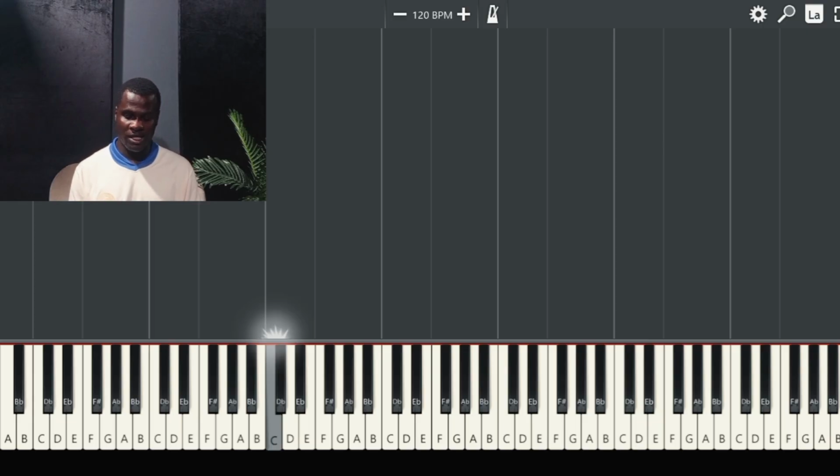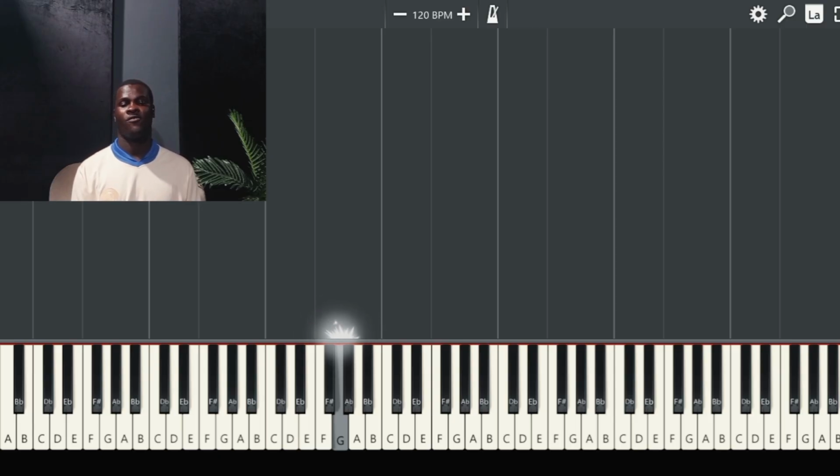So if this is C, ascending, which is going to the right, will be what? The letter D. While if this is C, descending, going to the left, which will be the what? Key of B. You descend further, will be the key of what? A. So this is A, B, C, D, E, F, G. And once you get to the key of G, you do what?